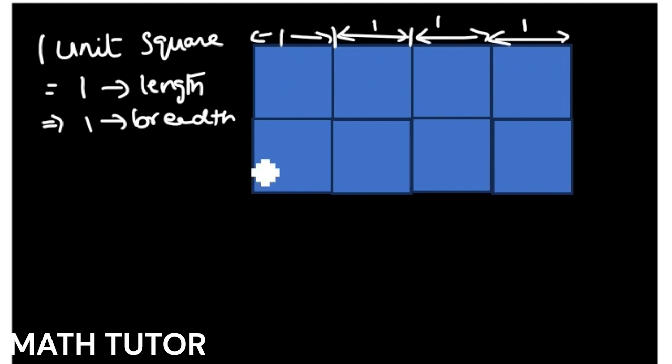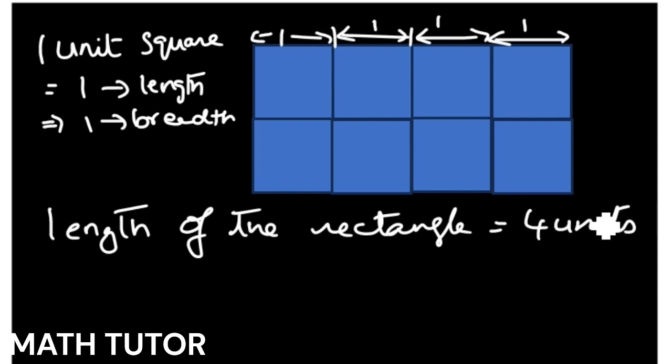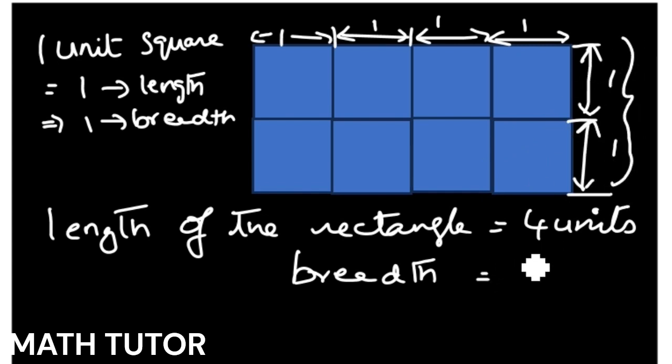This makes the length of the rectangle equal to 4 units. Let us find the breadth of this rectangle. This is 1 unit, since this is a unit square, and there's one more square here, so this also becomes 1 unit. So the breadth of the rectangle equals 2 units.